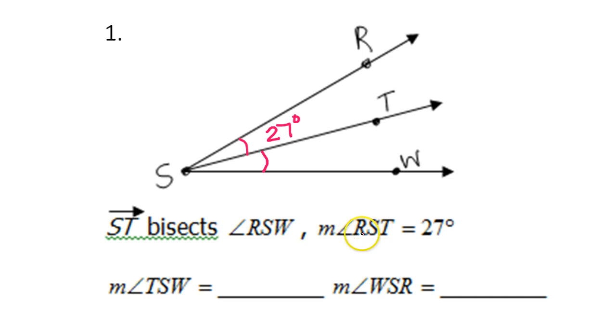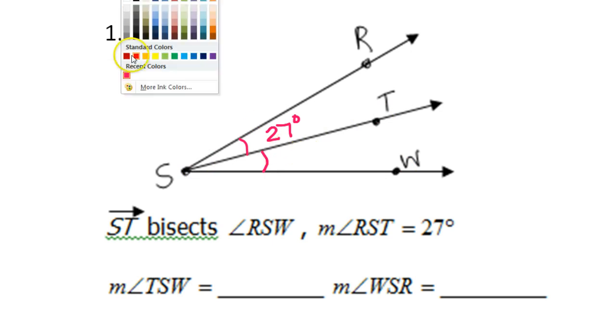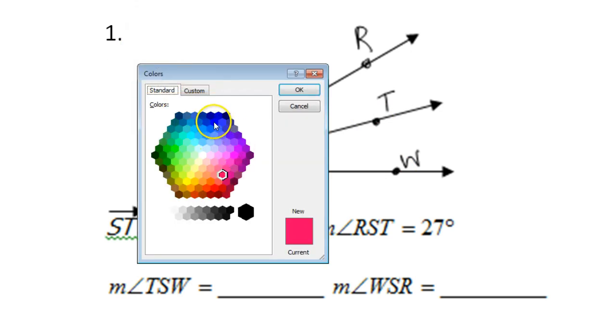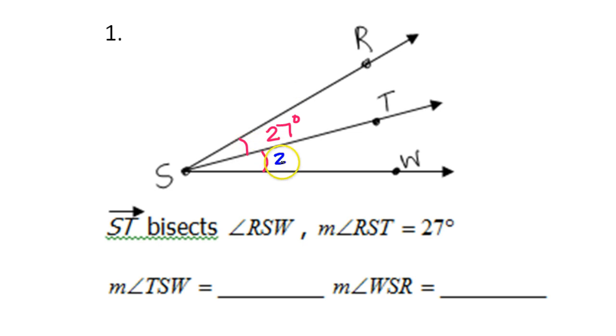So we're supposed to find the measure of angle TSW. Well, TSW will also have to be 27 degrees. If this is an angle bisector, two congruent halves, so 27 degrees.